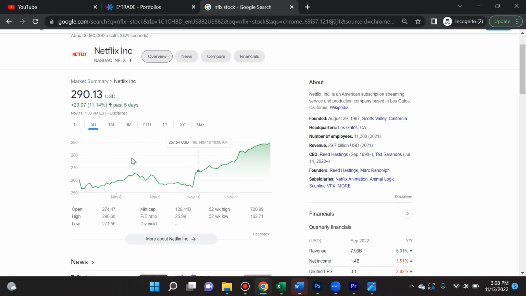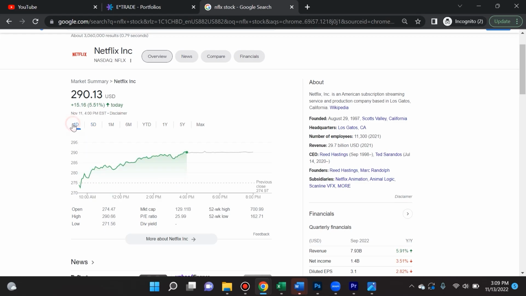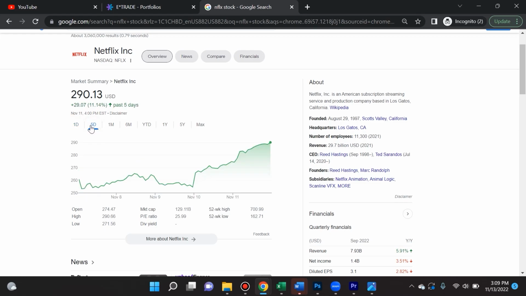And as you can see here, over the past 5 days, Netflix shares have risen 11%. And over the past day, they've risen 5.5%. So I made an excellent choice about closing out that position where I had sold call options, and I'm only holding on to the position where I have bought long call options because I have very bullish sentiments on Netflix shares.